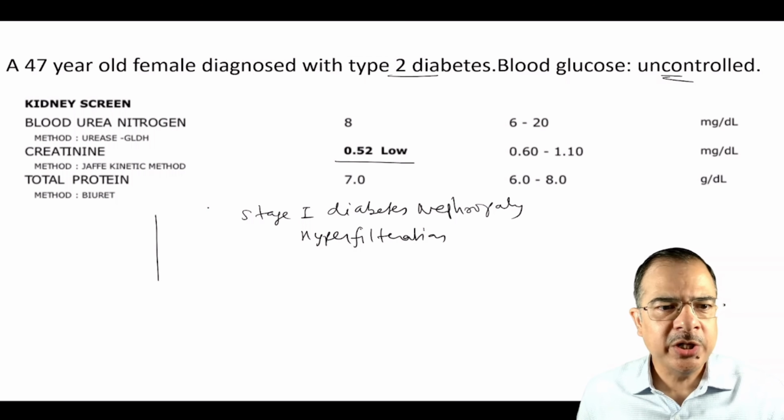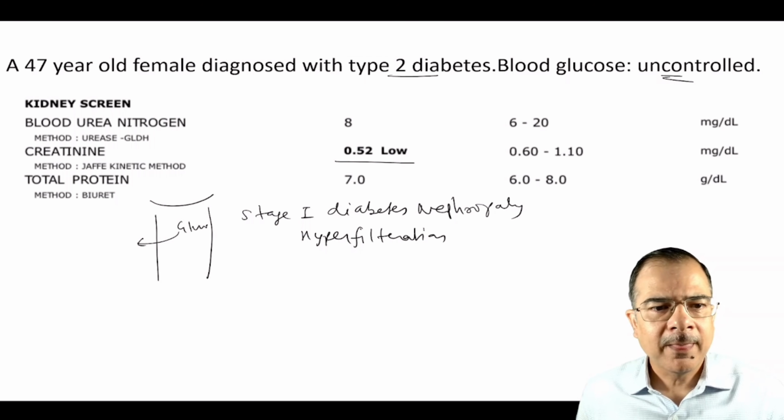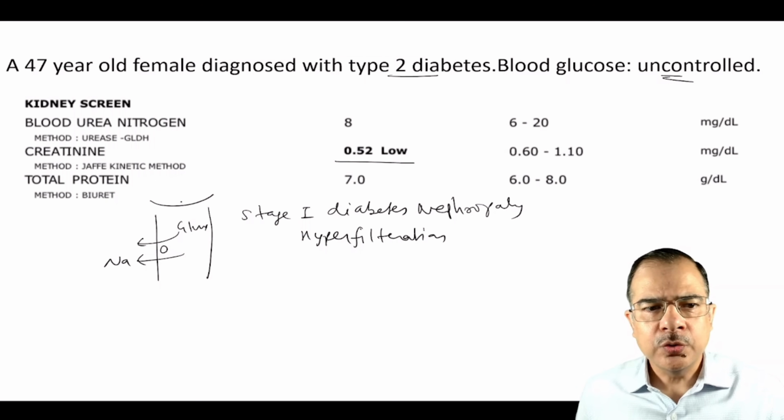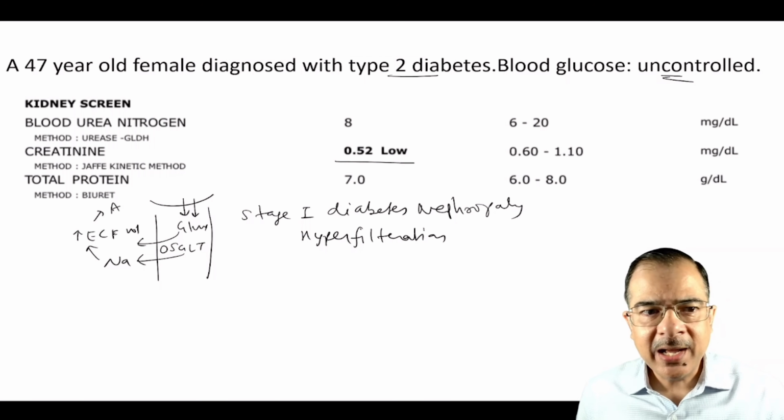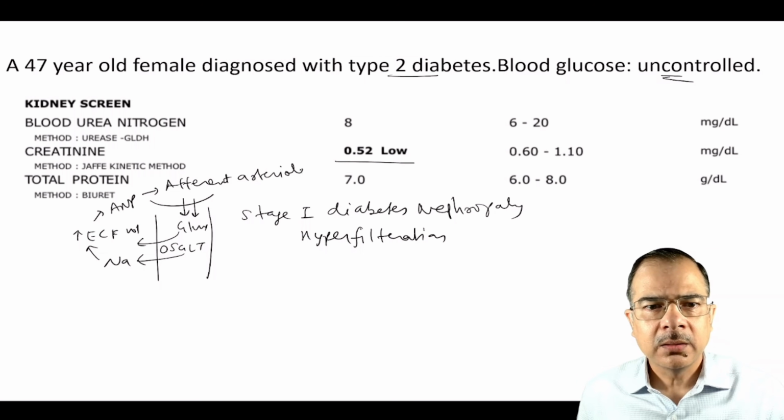The reason for the hyperfiltration is that when the glucose is going through the tubules, it will be reabsorbed by the sodium glucose cotransporter. So more glucose is going into the tubule from the glomeruli, and through the SGLT receptors it will be absorbed. High sodium means there will be increased ECF volume, and that stresses the atria, ANP is released, and ANP causes afferent arteriole vasodilatation.